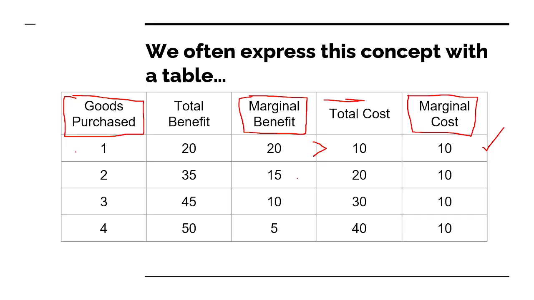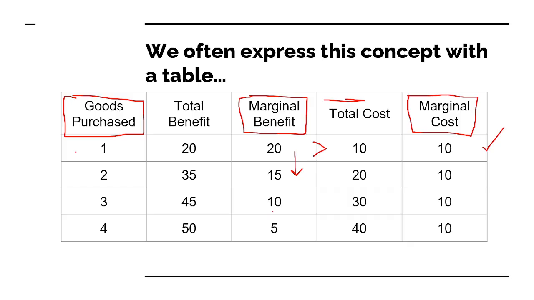But as we know, anybody who has experience eating, that the second slice of pizza, while still enjoyable, is maybe not quite as enjoyable as that first slice was, especially if you were hungry when you ate it. So our marginal benefit has decreased slightly from 20 to 15.